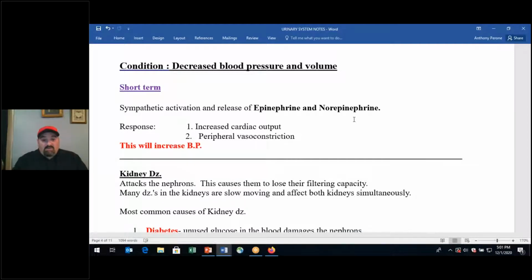It'll increase peripheral vasoconstriction, which will lead to more blood going to skeletal muscles, and as a result, you're ready for fight or flight, or run. It's going to increase your blood pressure. You're ready for action. That's a short-term increasing of blood pressure and volume. The condition here is a decrease, so we want to increase that. Well, epinephrine, norepinephrine can do that.